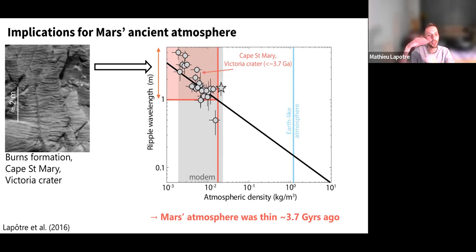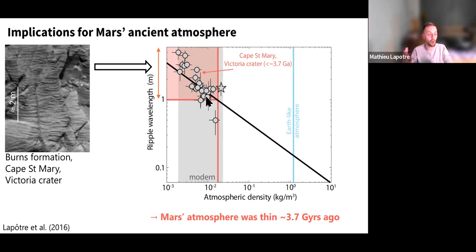And when combined with our scaling relationship, yields a range of atmospheric densities that actually strongly overlaps with the modern atmospheric density. So this finding was surprising and actually supported the idea of a thin atmosphere at the time of deposition of the Burns Formation sandstone about 3.7 billion years ago.